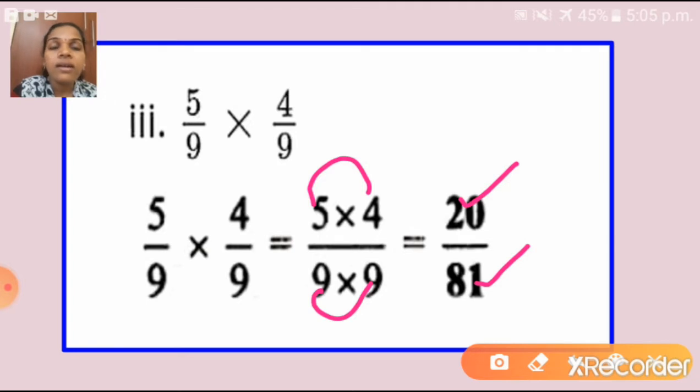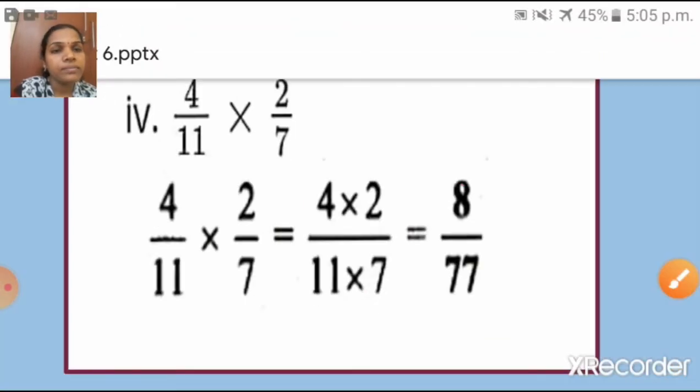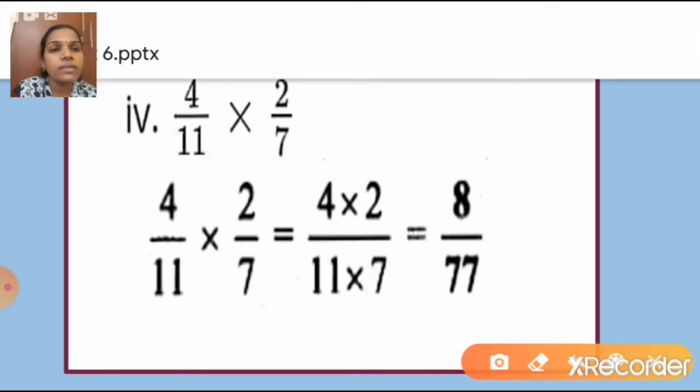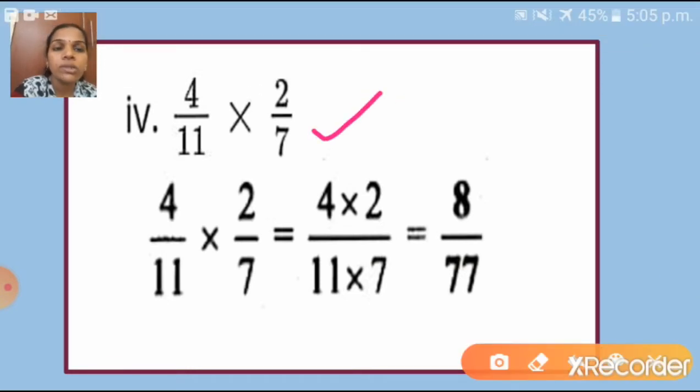Understood, children? Fourth sum is 4 upon 11 into 2 upon 7. This is your question here. First fraction numerator is 4, into next numerator 2. 4 into 2 upon 11 into 7.